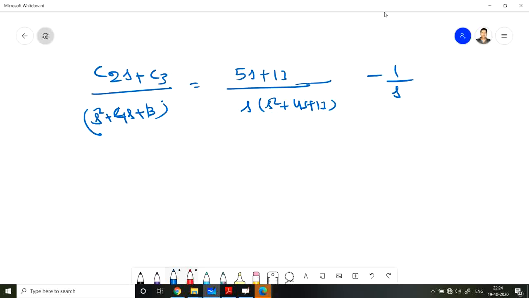It can be written in this manner also. So it is (minus s plus 1) divided by (s square plus 4s plus 13).